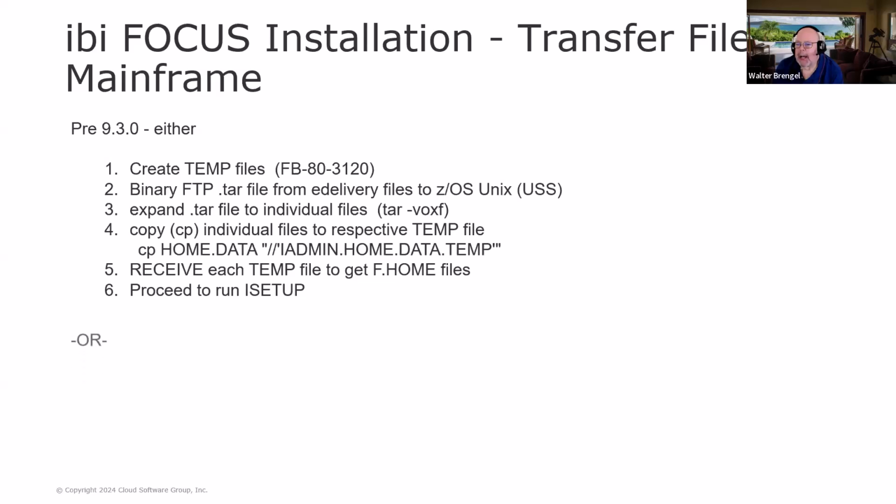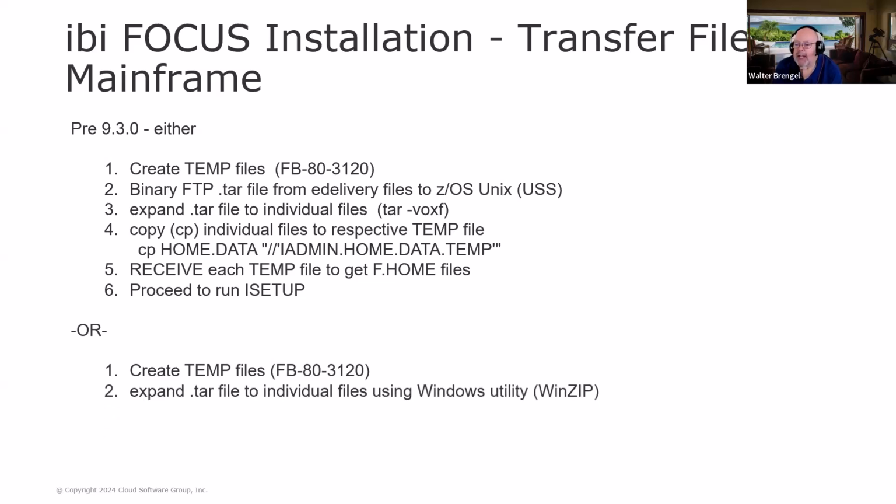The second option is to create the temp files again, but instead of transferring them to your USS side, you can expand the tar file to individual files using a Windows utility like WinZip. I think 7Z will do the tar file, WinZip will do it. I'm sure there are others.